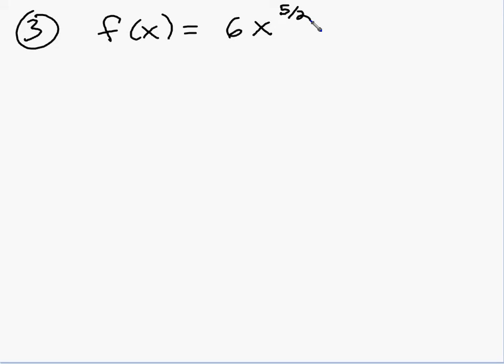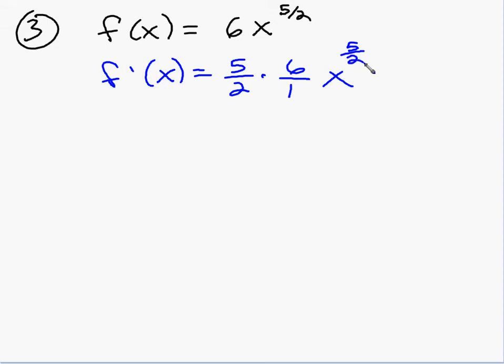Well, when I bring my power around, the derivative of this will be 5/2 times 6, which I will put over 1, x to the 5/2 minus 1. Well, how can I subtract 1 from 5/2? 2/2.